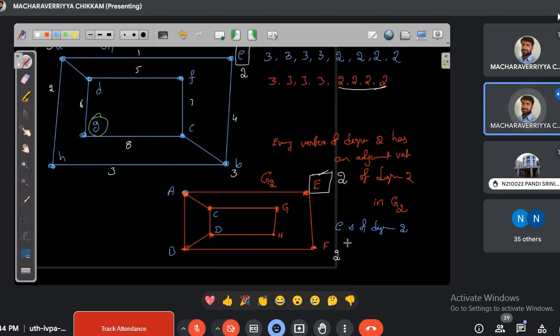E is of degree 2 and adjacent vertices of E are A and B. And how about degree of A and degree of B? Degree of A equal to degree of B equal to 3. Okay, so we can say that these two are not isomorphic. G1 and G2 are not isomorphic.